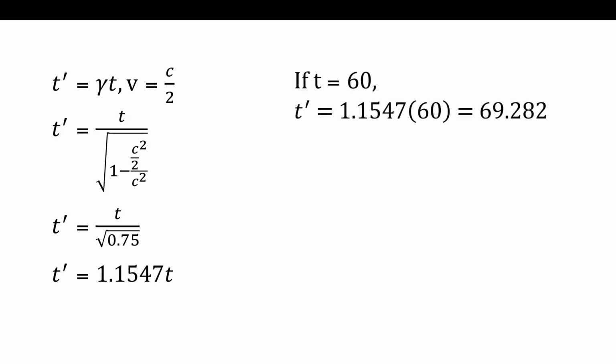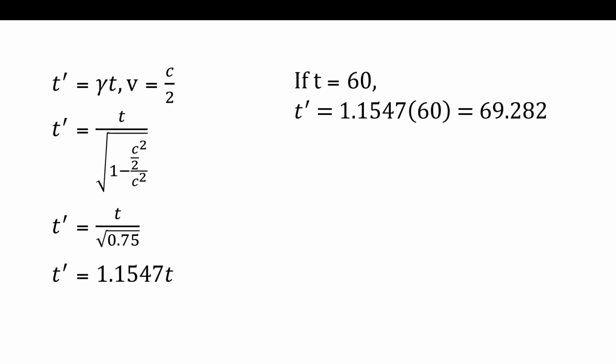In this example, we will plug in 60 seconds, essentially saying that in a minute on the spaceship, what is the time on the ground? By multiplying that 60 seconds by our constant of 1.1547, the Lorentz factor, we find that if we spend a minute on this spaceship, or our clock registers a minute, on the ground 69.282 seconds will pass.